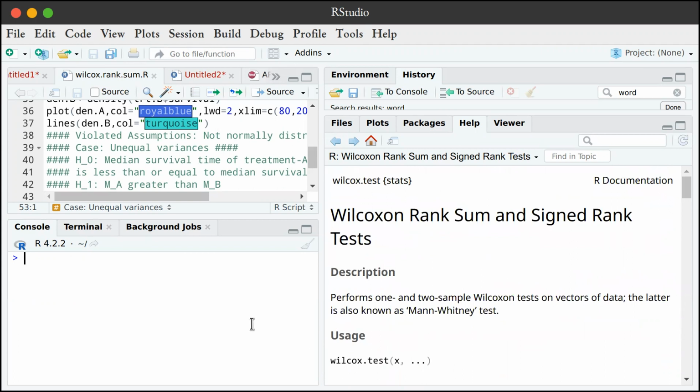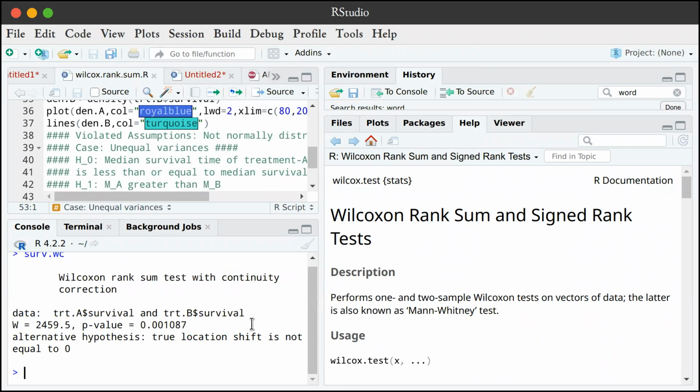So that is our conclusion. I get a number, 2,459.5. Yes. Now, is that U? Yeah. Or is that W?